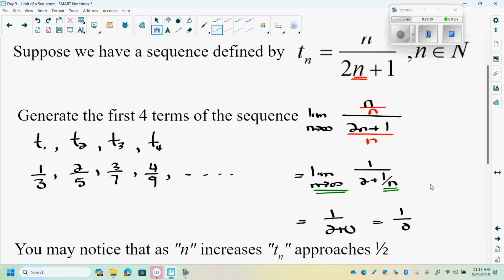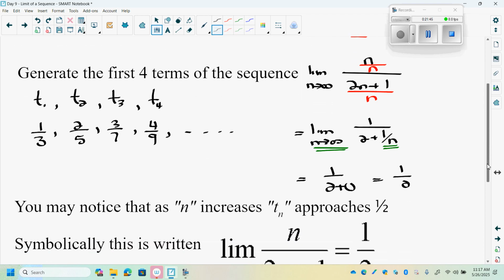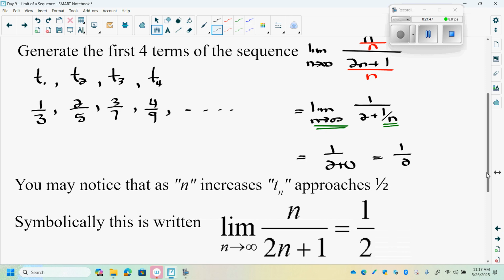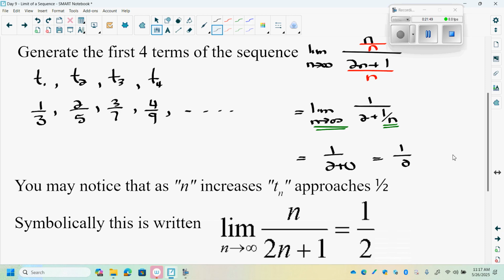Is that okay? And we say, as n increases, or as n approaches infinity, Tn approaches 1/2.